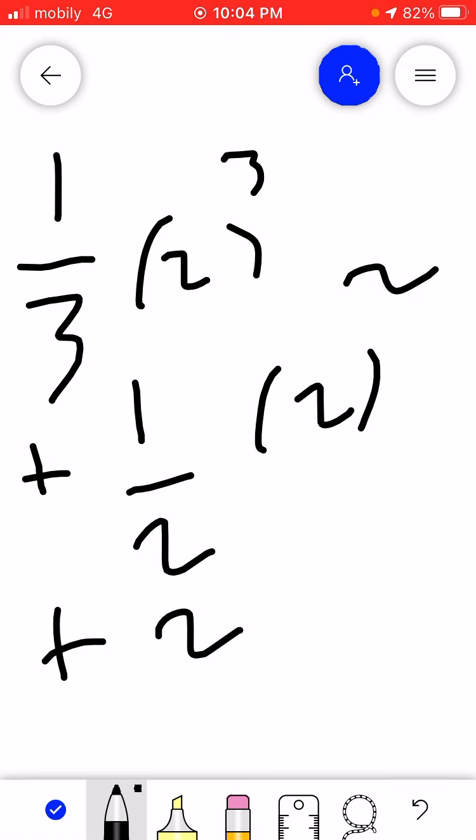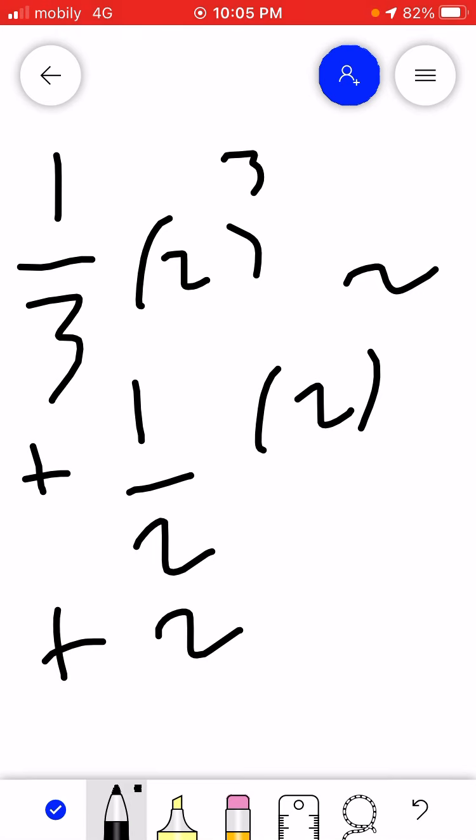Well, we know that we're going to get fractions. How do we deal with fractions? First, when we multiply 1 over 3 times 2 to the third, that is 8 over 3. So 8 over 3 plus half times 2 to the second, in this case 4 over 2, so it's plus 2, right?